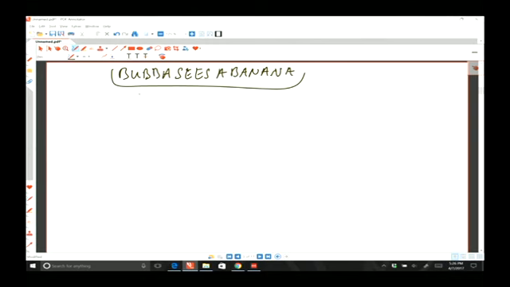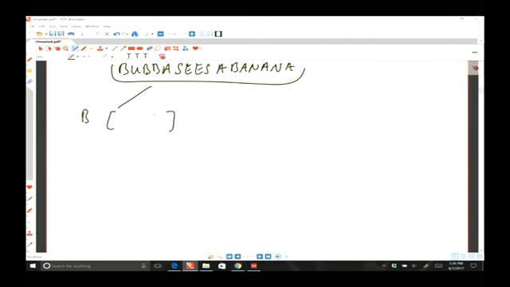What problems am I going to generate? B is a palindrome, then I have to split the entire rest, "abba sees a banana." That's one problem the recursion is generating at this level.